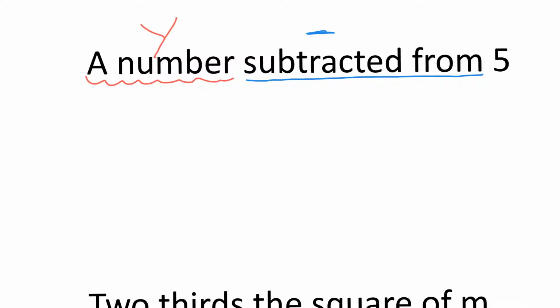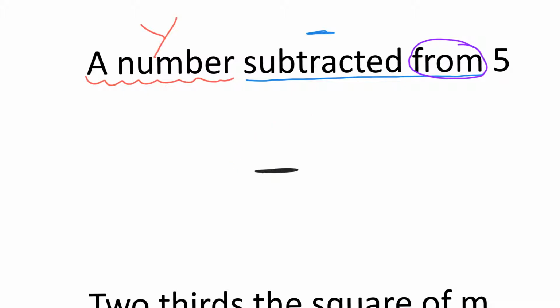from 5. Now, it's very important that you guys remember the word from. So I'm just going to circle that word right here, from. Because the word from, the word then, and the word into, if you guys see those in a sentence, that means you have to switch the order of the operation. So you are going to subtract. I'm going to put the minus right here. But when it says from, well, this number 5, a number subtracted from 5, it actually has to go first.